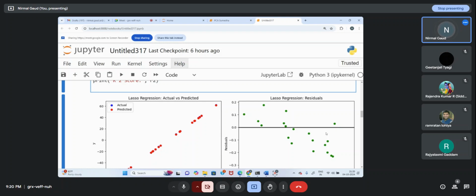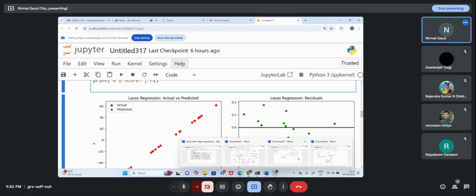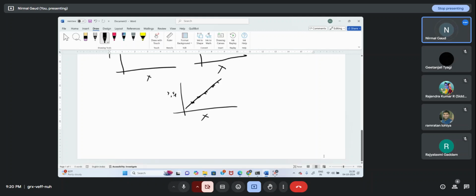We do have Ridge too. We have the concept related to elastic net, which is a combination of L1 and L2 both. In the next class we'll study the L2 code.